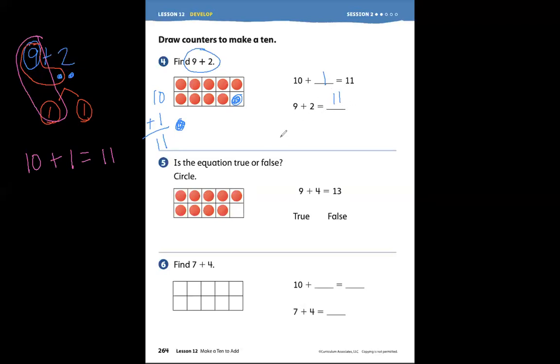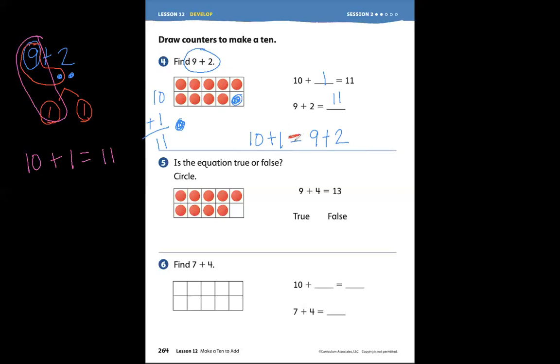Now we're going to write something a little different. You haven't seen this before. We are going to write 10 plus 1 is equal to, or is the same as, 9 plus 2. Can I do that? You bet.